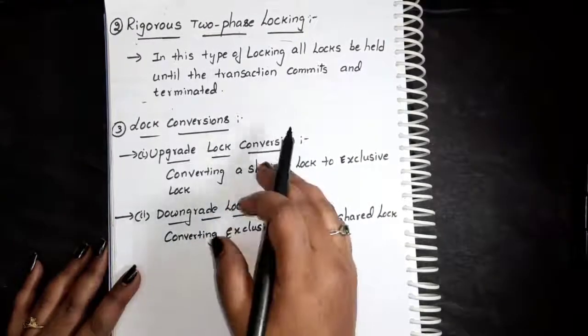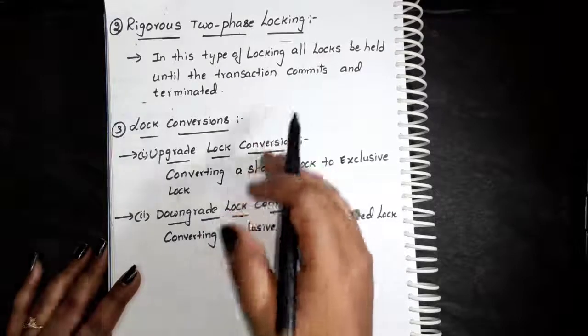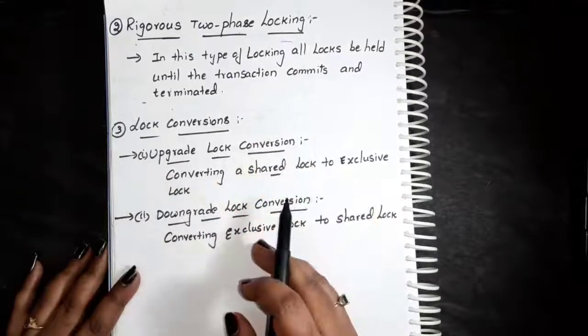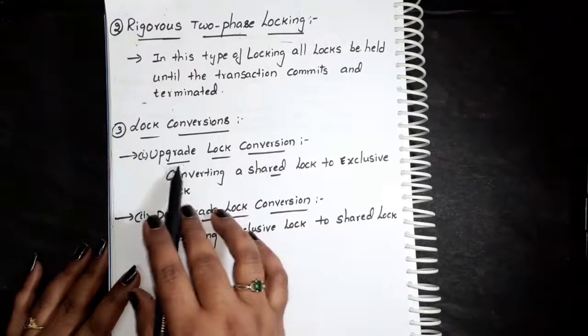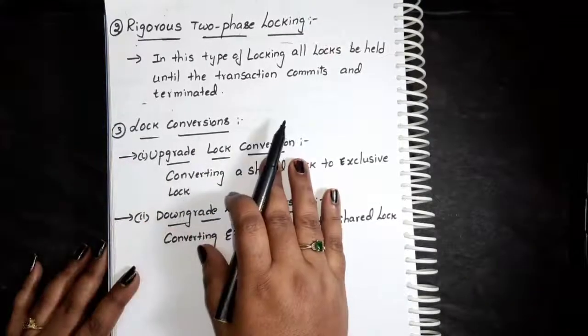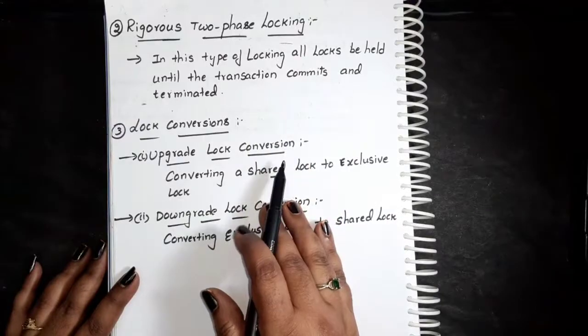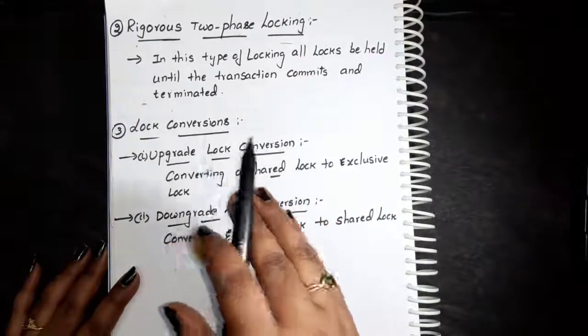You can convert one lock to another, read lock to write lock and write lock to read lock. The first type of conversion is called upgrade lock conversion. Upgrading means that whenever you are executing a read operation, you can convert the read lock to a write lock.